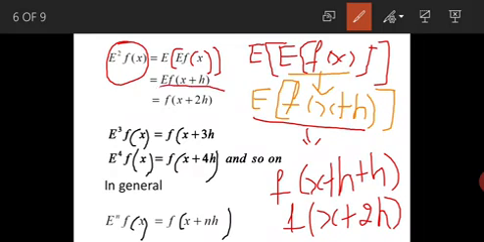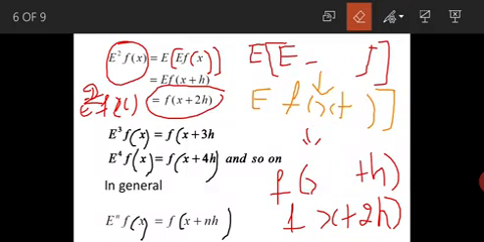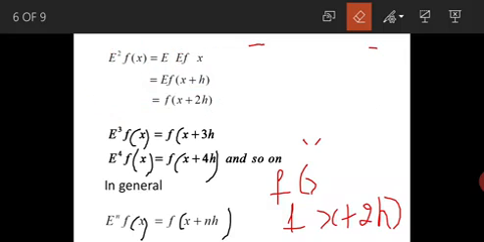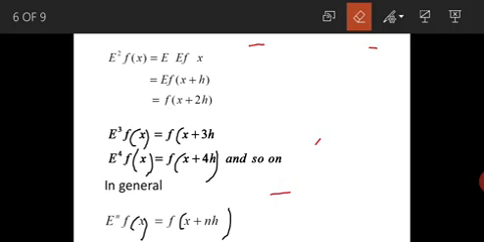That thing has been written over here. That means E squared of f of x can be written as f of x plus 2h. Similarly, I can write for E to the power of 3 of f of x: it can be written as f of x plus 3h.